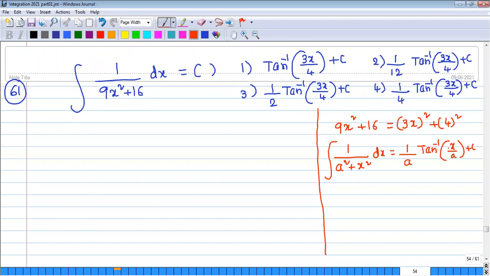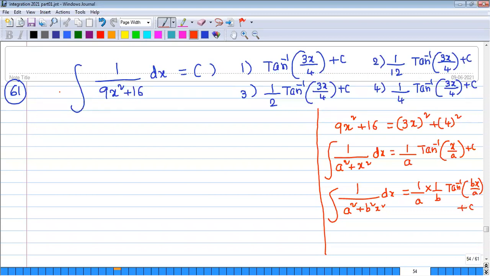Generally 3x by 4 you will get, but the derivative of 3x is also 3, so 1 by a into 1 by 3 we also need to write. Otherwise, I will give one more formula: integral dx upon a square plus b square x square is equal to 1 by a into 1 by b, bx derivative, tan inverse bx by a plus constant of integration.